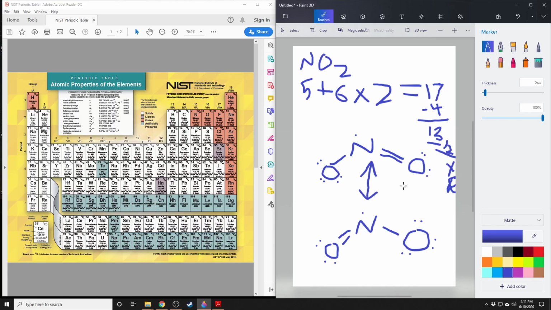Okay? And that means they would normally be joined by a double arrow like so, which means that they are both correct, or they are both slightly wrong. To truly represent the structure of NO2, you need to look at both of these structures. So in reality, these single and double bonds, they're the same.